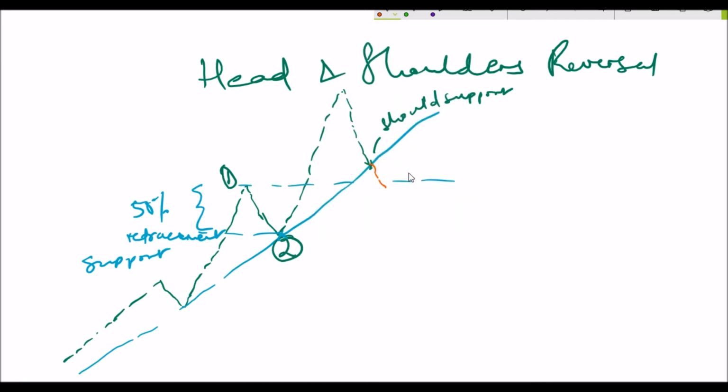Now the next move is crucial. The fall from 3 to 4 now retraces almost 100% of the previous move and stops close to point 2, the start of the previous move.